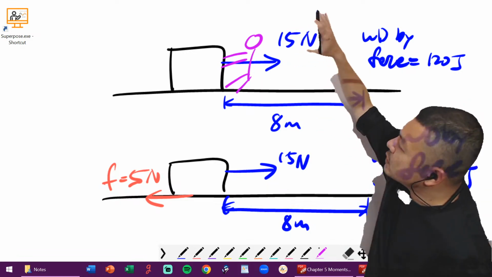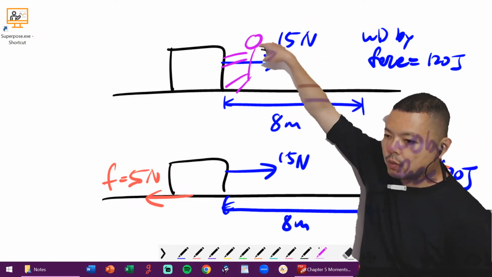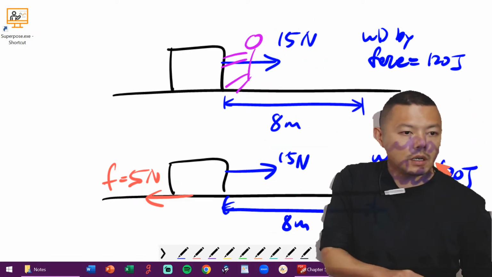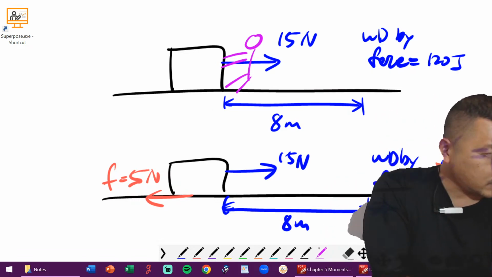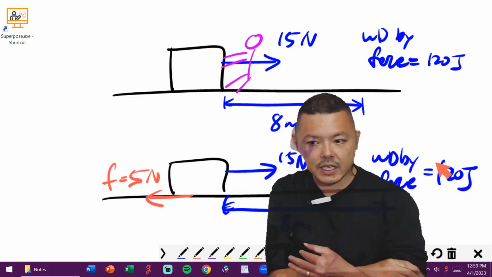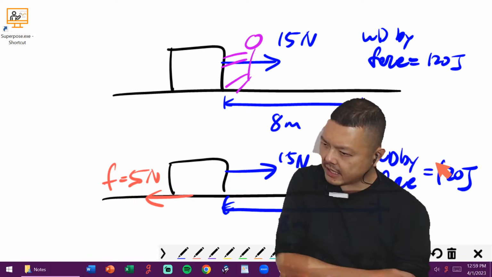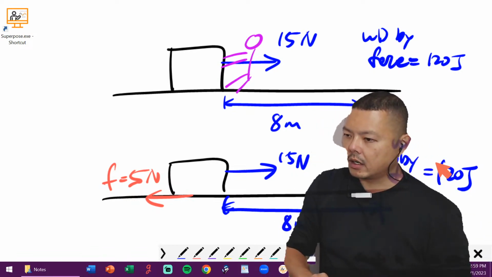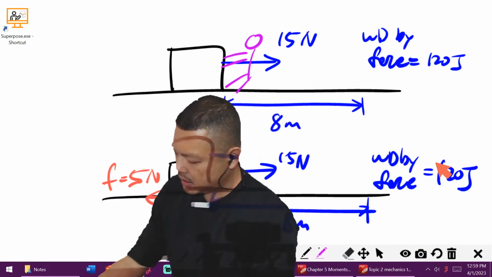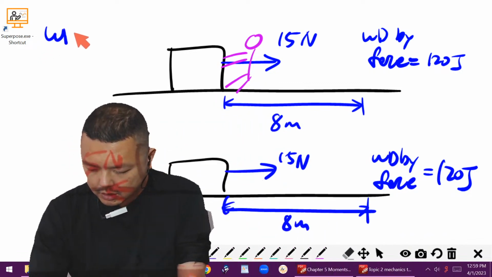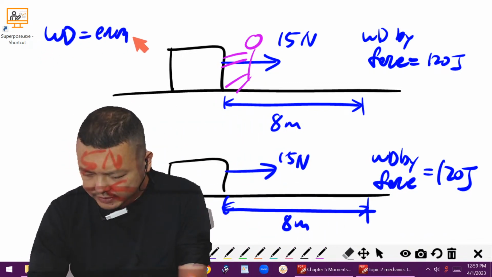So what happens to the work? In the first picture, what happens to the work done by the man? What is it converted into? Kinetic energy, right? What is work done? Work done is energy. Force times distance is this energy.